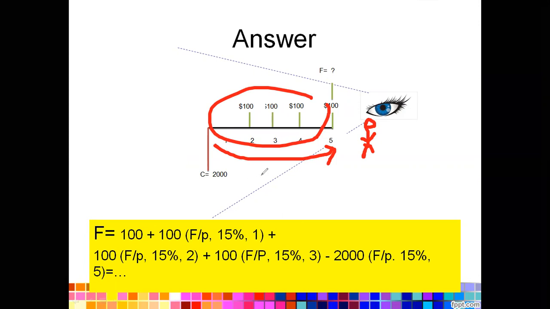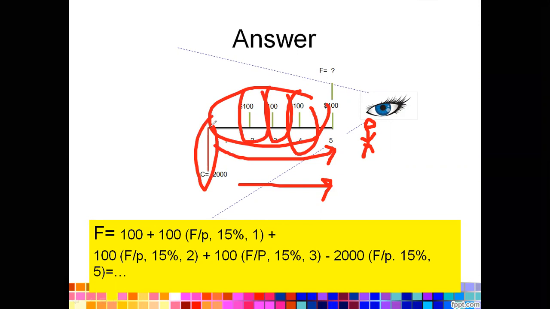Now let's calculate the future value, or convert all the cash flow into the future condition. When we view it as a single cash flow, we go from present toward future.